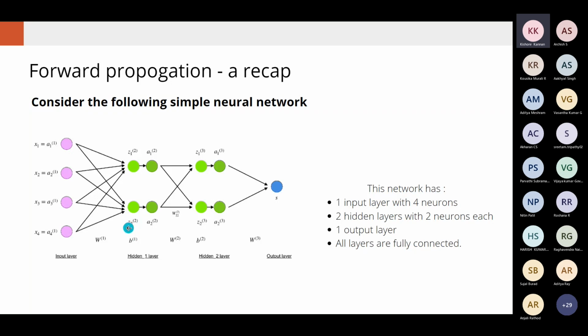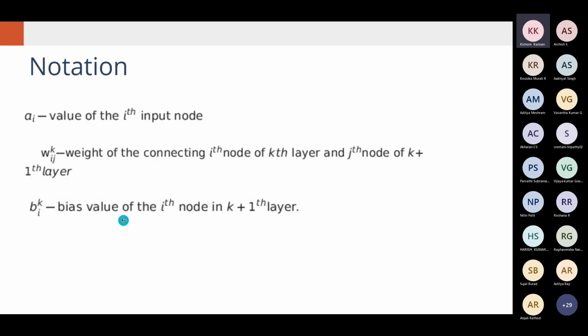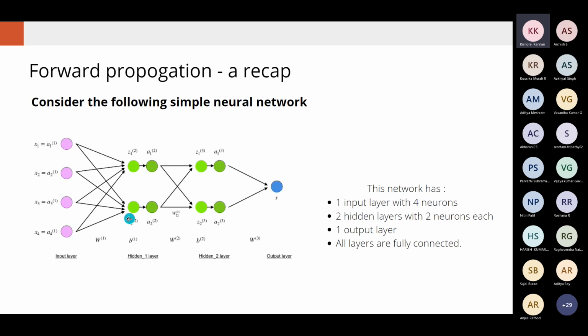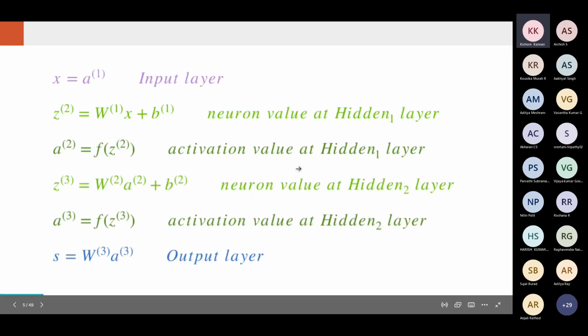It is represented as b with superscript 1 and subscript 2, because it's the second node. So this will be b12, and this will be b11. Similarly, this will be b21 and this will be b22. For the inputs and the outputs here, we don't have any biases.